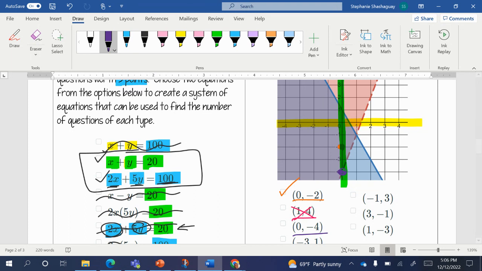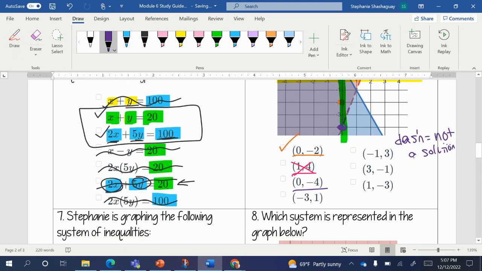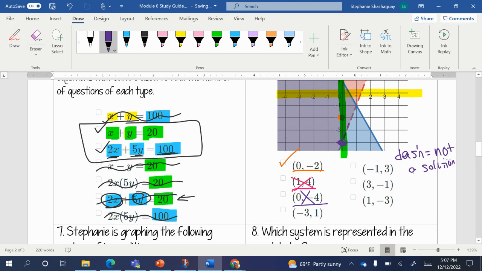If it's falling on the dashed line, dash equals no. So if it's falling on the dashed line like it is right here, it is not a solution. It has to be within the shaded area or on a solid line. So 0, -4 is there to trick you. But just remember, if it's on the dashed line, it is not a solution.